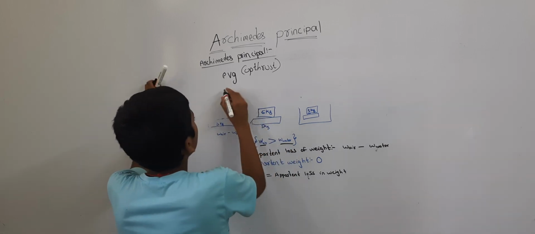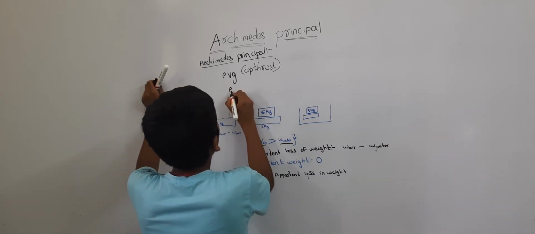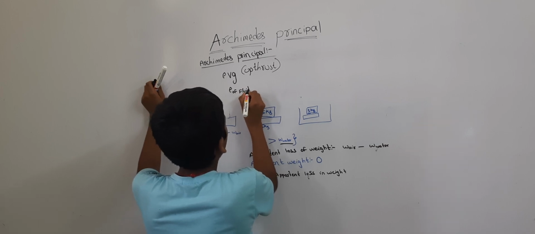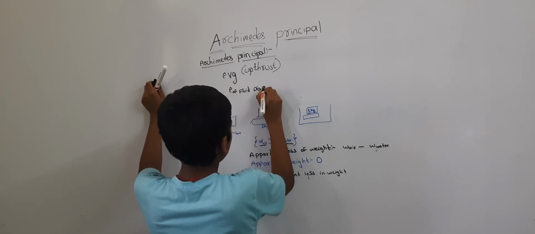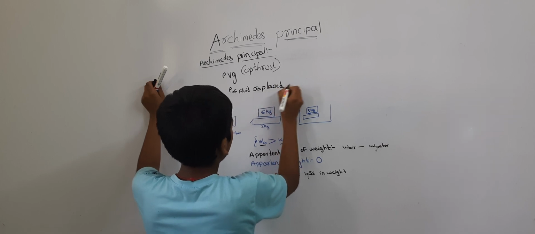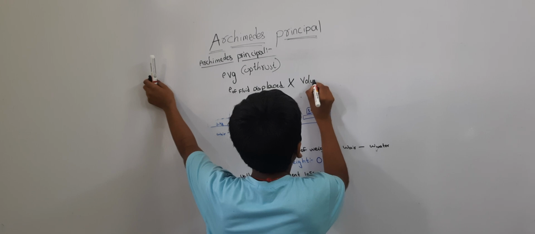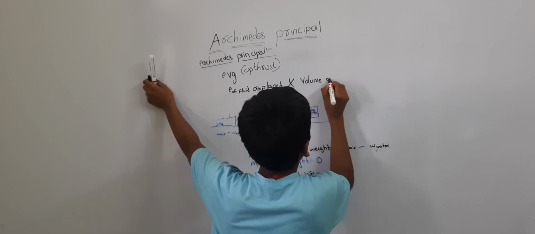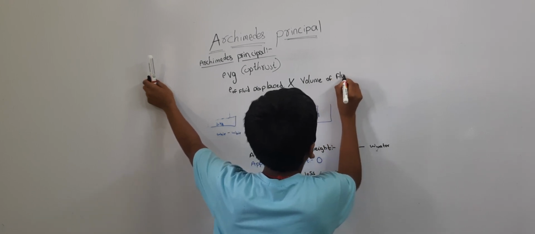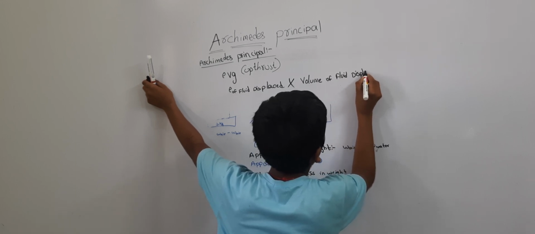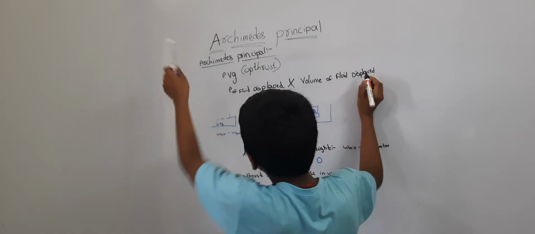Here, density of the fluid displaced, into volume of the fluid displaced.